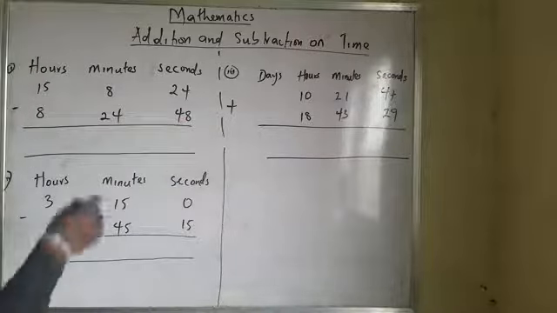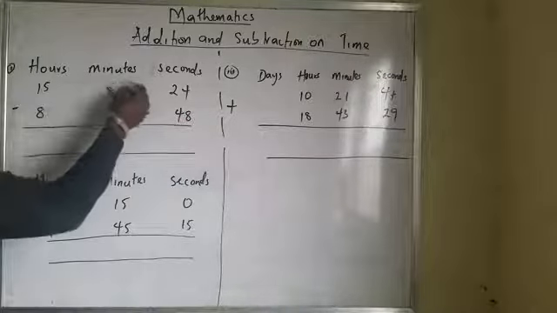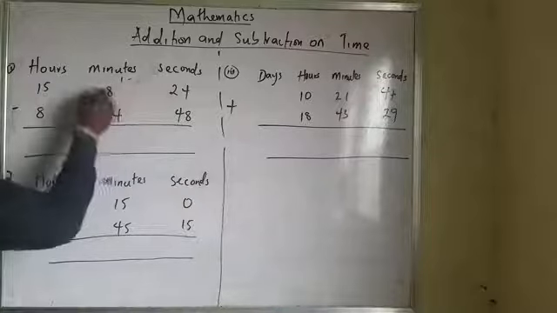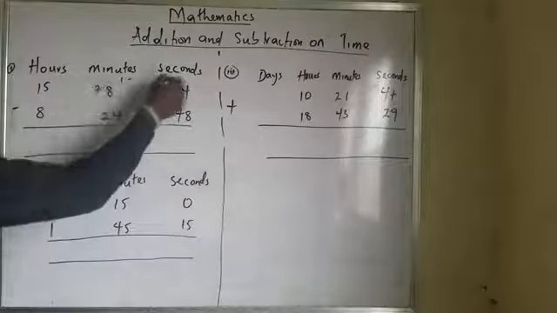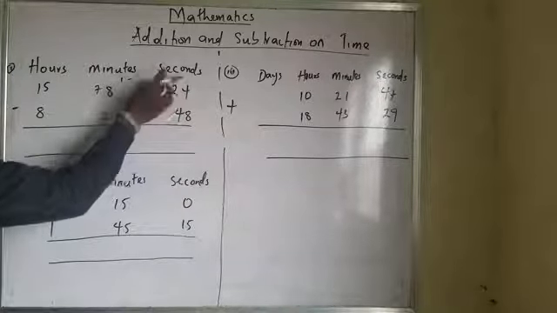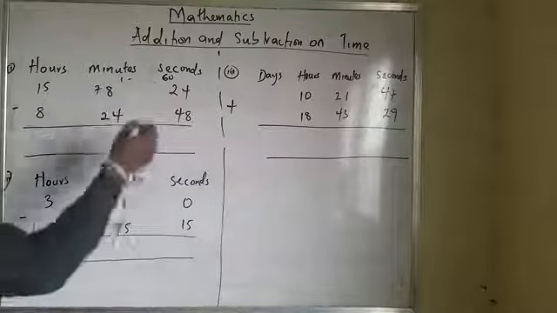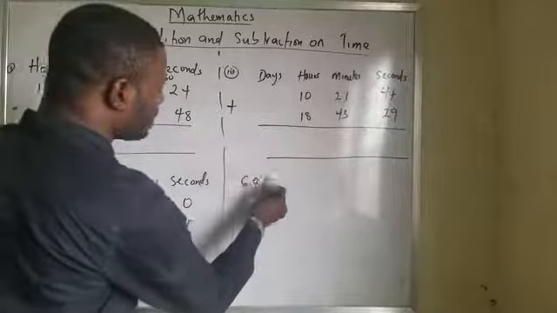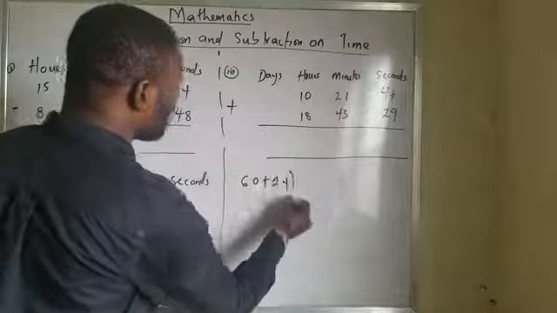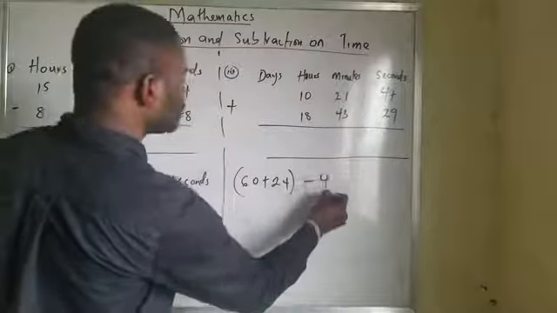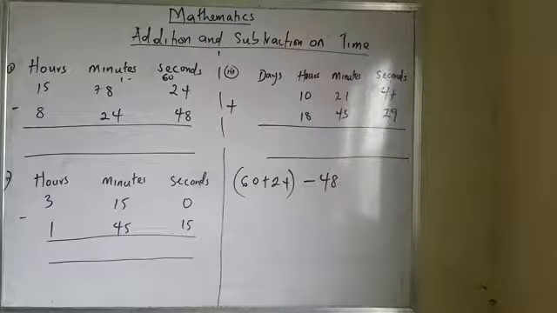I will take 1 minute from here, so this one will become 7, and this one will be 1. 1 minute becomes 60 seconds. I will now say 60 plus 24 minus 48. That is how to go about it.